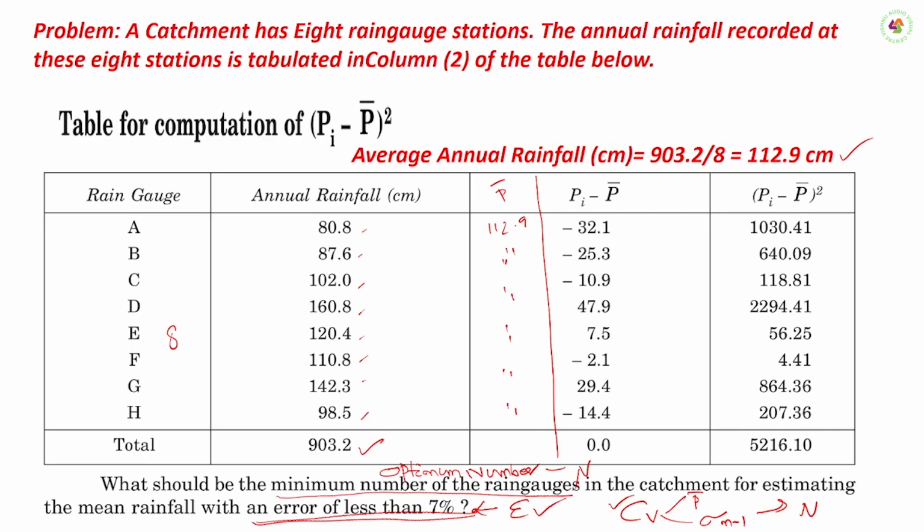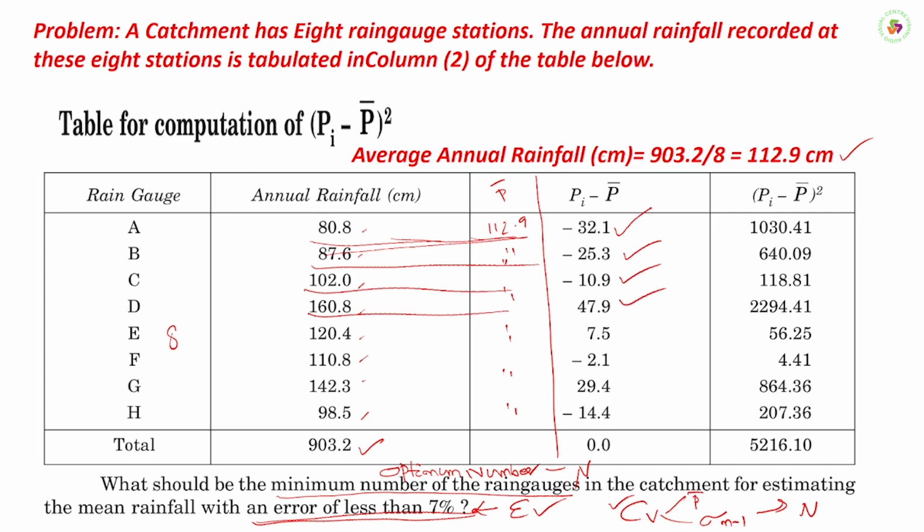So now what is the deviation? Pi is 80.8, P bar is 112.9. So 80.8 minus 112.9 for the first one is minus 32.1. Second one, minus 20.3. Third one, minus 10.9.